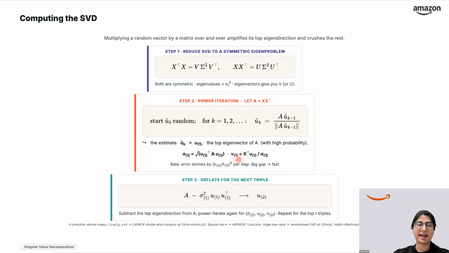Then we have the first V1. Once we have estimated the first eigenvalue and the corresponding eigenvectors, we remove that from the matrix and then try to get the second eigenvector and value.